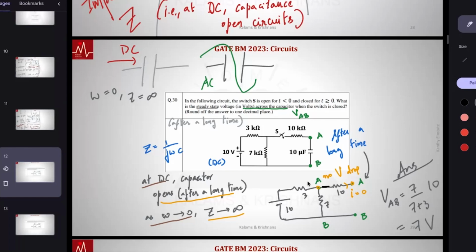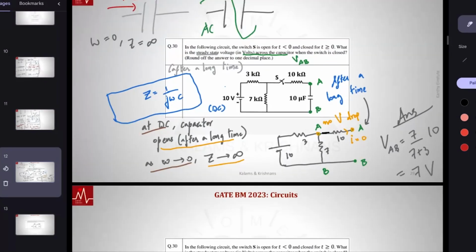This Z is 1 by j omega C, this is one thing that you really need. It's going to show up again and again. Even if a capacitor opens or inductor opens, if there is a confusion, you can quickly deduce that. What is omega? I'll demonstrate it or give you simple numbers and illustrative things when we look at AC circuits.